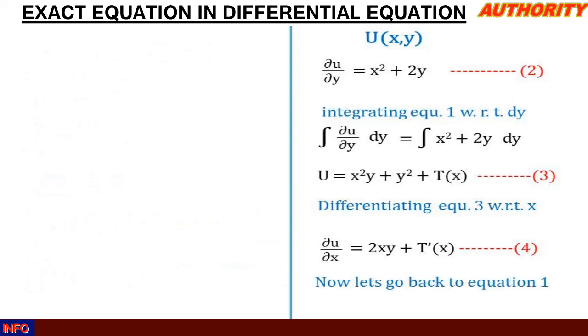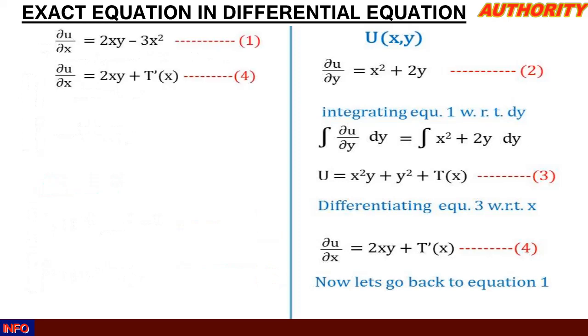Now let's go back to our equation 1. What do we have in our equation 1? Equation 1 says the partial derivative of u with respect to x is equal to 2xy minus 3x squared. And equation 4 says the partial derivative of u with respect to x is equal to 2xy plus t prime of x.